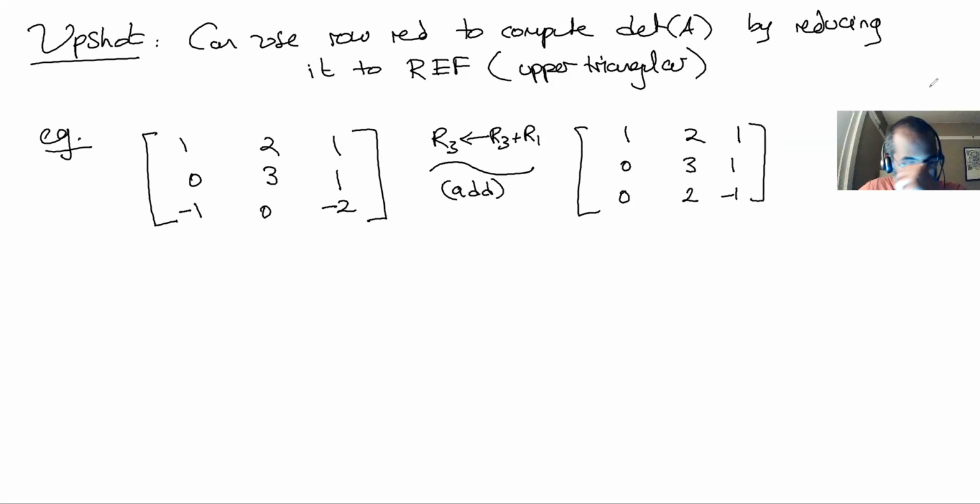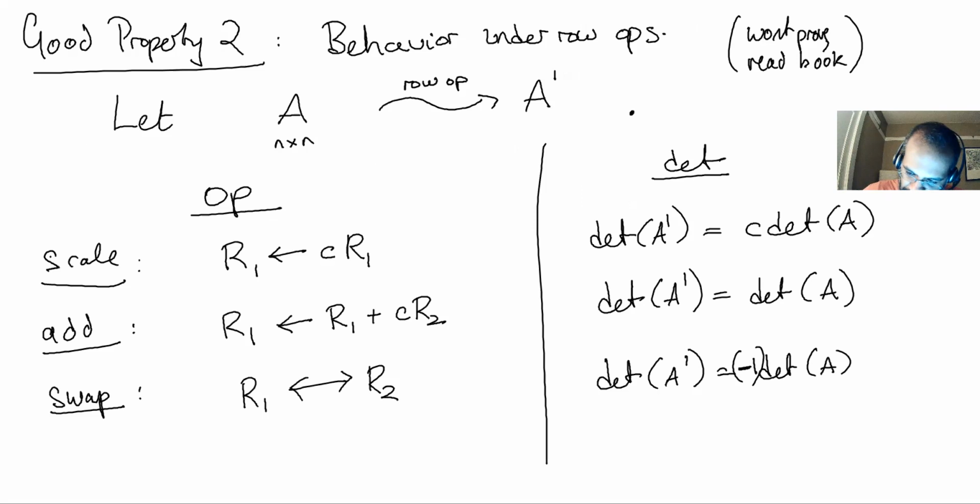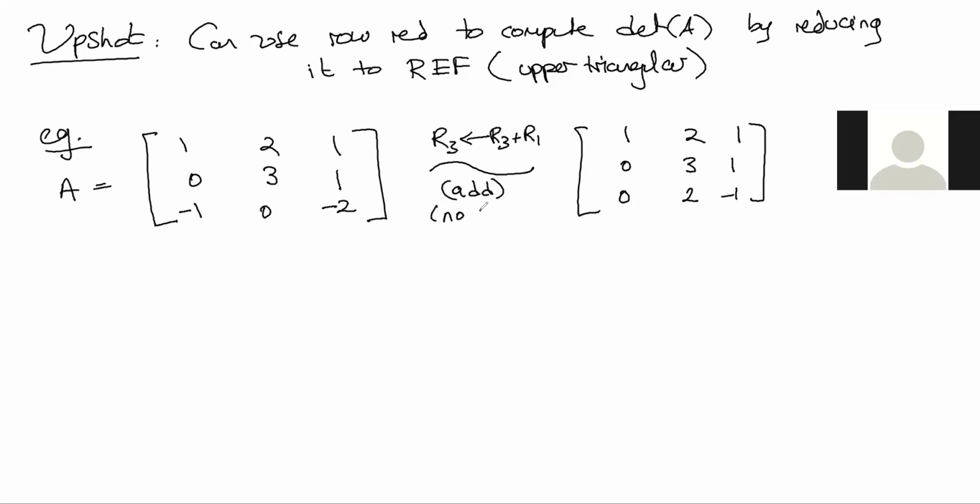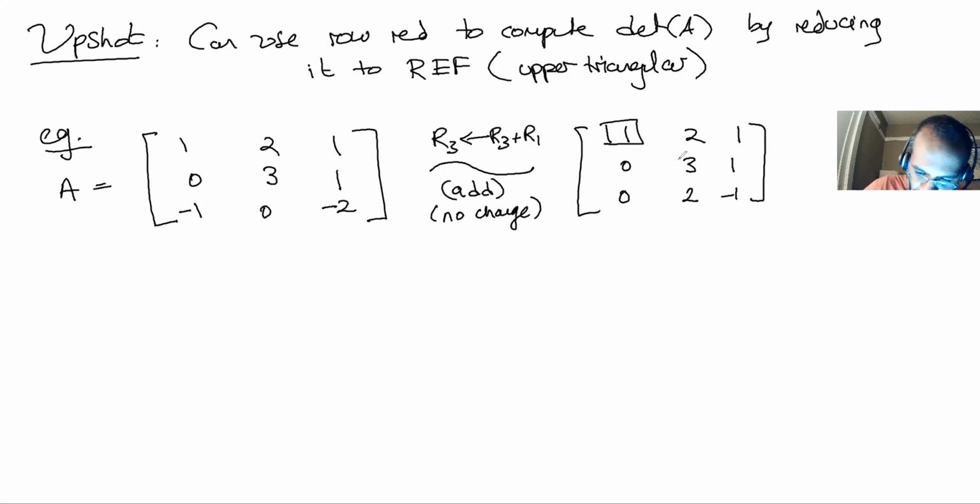And what's the change in the determinant? This is my original A, and now I've done one row operation. How does the determinant change? It doesn't change at all. This is not yet in row echelon form.